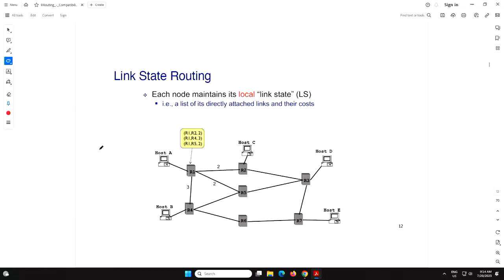As a result, every router will have the complete global network connectivity graph. And once you have the graph, you can use graph theory, Dijkstra's algorithm, to find out the shortest path tree. And from the shortest path tree, you can find out the next hop information to create your forwarding table. So that was the process.